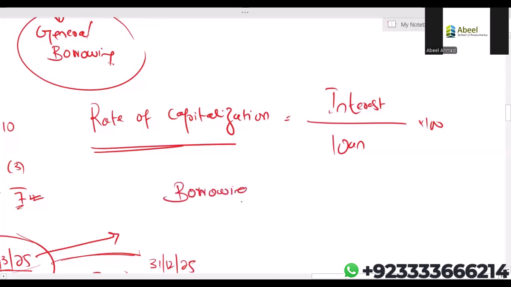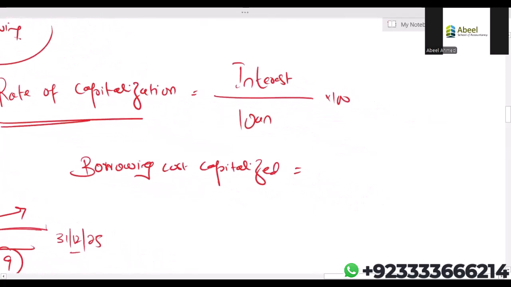Simply, borrowing cost capitalized is equal to expenditure incurred on qualifying asset into rate of capitalization. There's a possibility of n upon 12 as well.